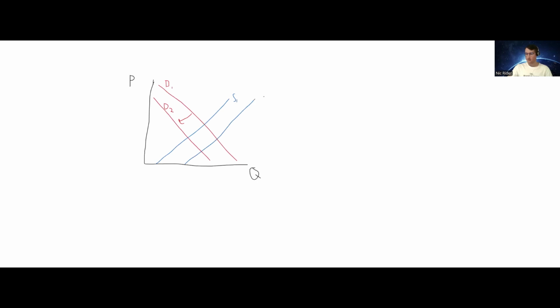Supply moves from S1 to S2. And we can see now that where we're at currently, where D1 and S1 meet, and then we're looking at S2 and D2.